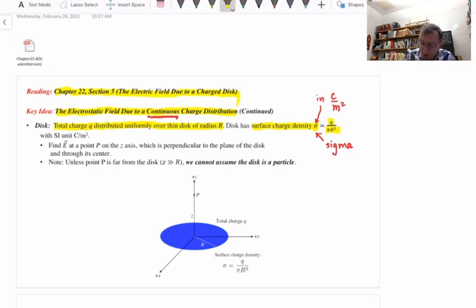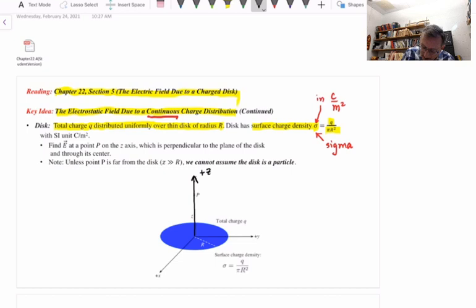Here's our task. Notice, by the way, we've set up the geometry in a very specific way so that we can do the math. We have put the disk in the xy plane with its center at the origin. Therefore, the z-axis is perpendicular to the disk going through its center, and the plus z-axis is going up.